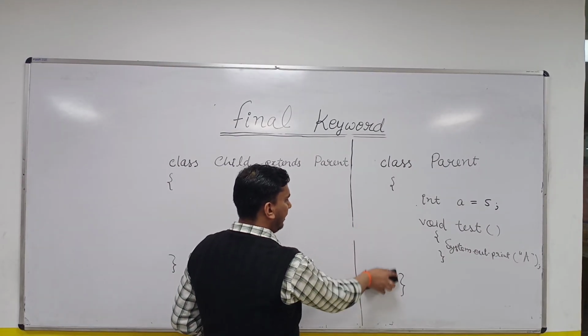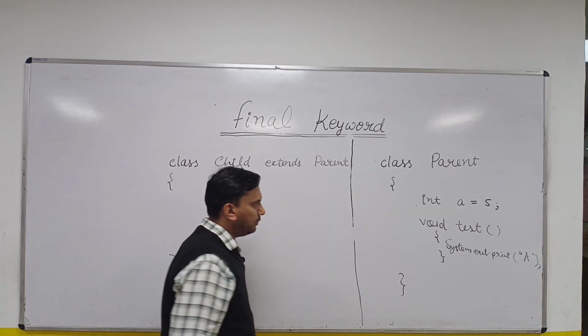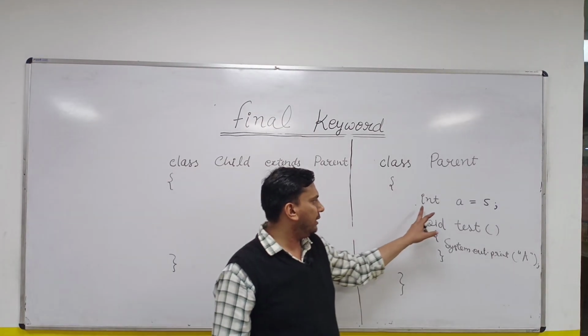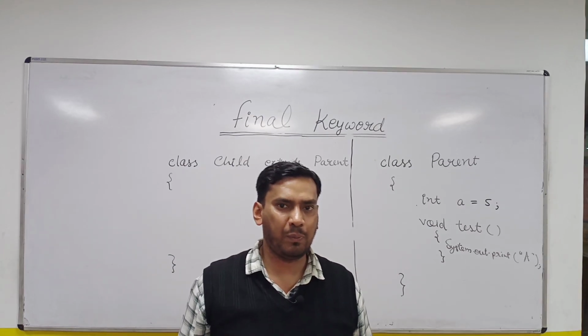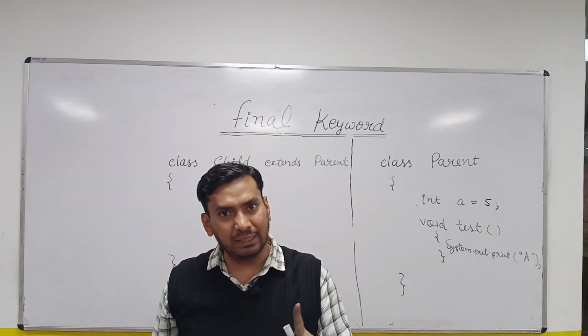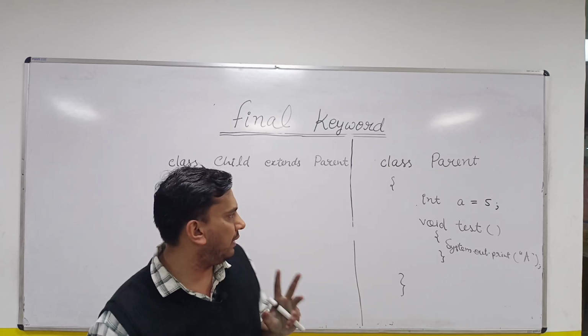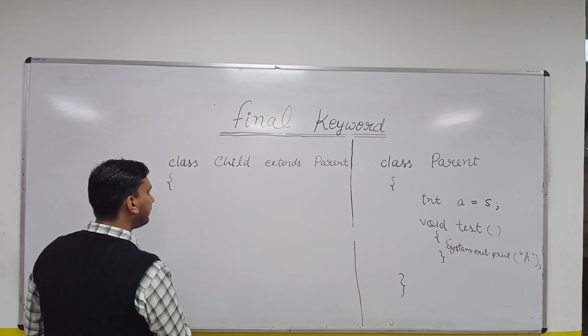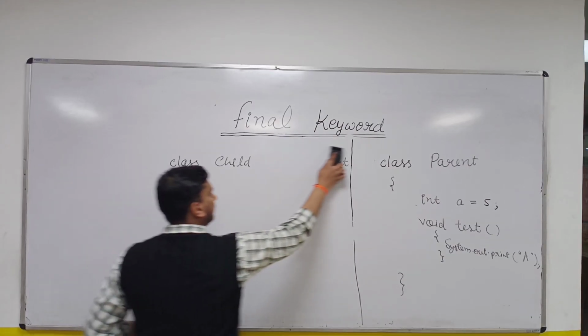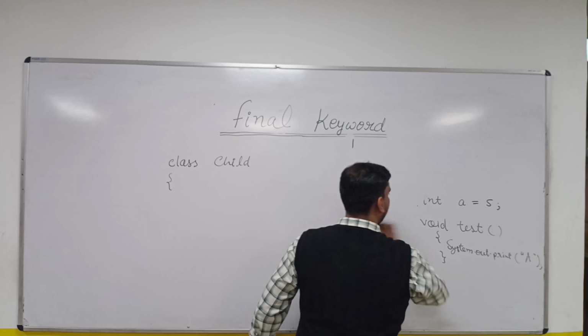Now another thing is, as I told you, when you declare any data member final, you need to assign the value. So assignment is allowed only once. This is a very important concept. Let us understand here. Forget about this class parent.